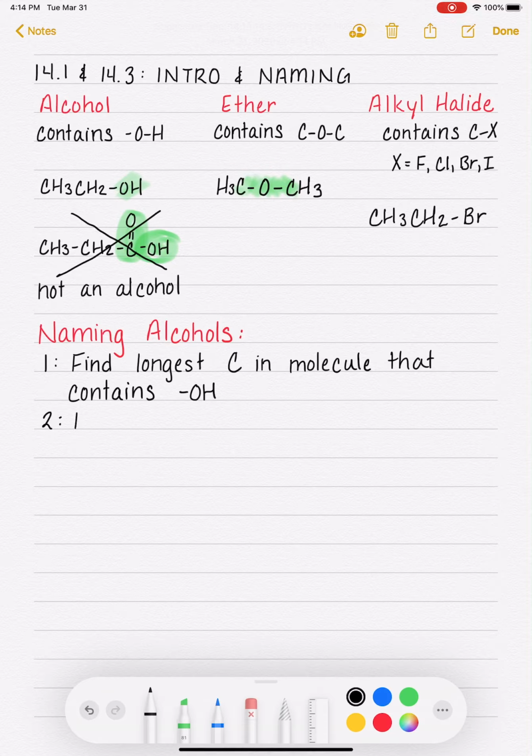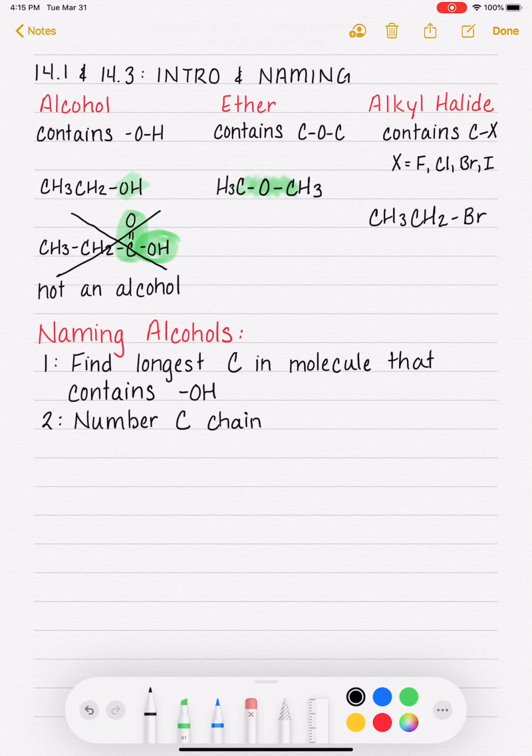We are going to number that carbon chain. When we numbered carbon chains, in every molecule so far, we've always started at the end closest to the functional group in the molecule, and that's the same in this case as well.